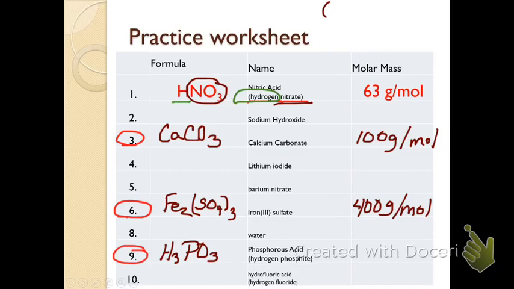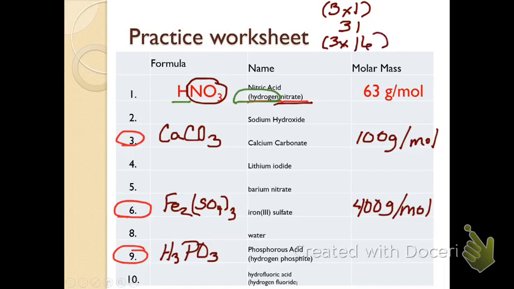So there are 3 hydrogens. So I have, open parentheses, 3 times the molar mass of hydrogen, which is 1 gram per mole. I have 1 phosphorus, and the molar mass of phosphorus rounds to 31. And I have 3 oxygens. So that's going to be, in parentheses, 3 times the molar mass of oxygen, which is 16 grams per mole.